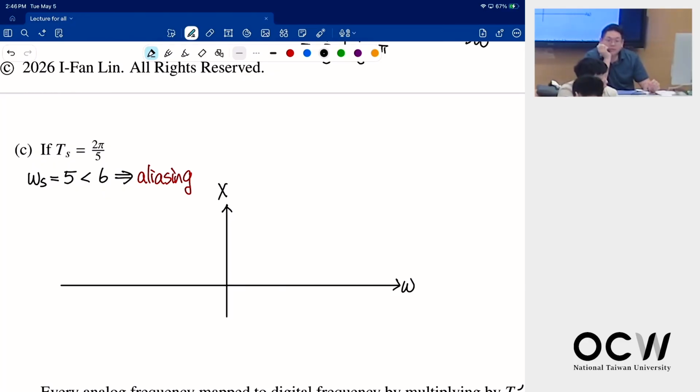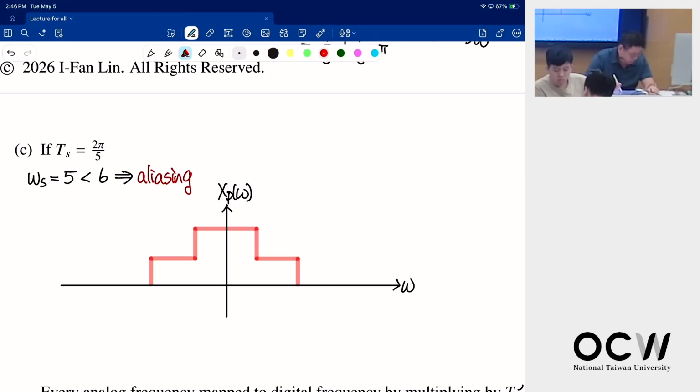If I sample it in continuous time, then what is Xp omega? For Xp, we know that's from minus 3 to 3. So it is from minus 3, here's minus 2, minus 1, 1, 2, 3. Okay, I will sample at 5.